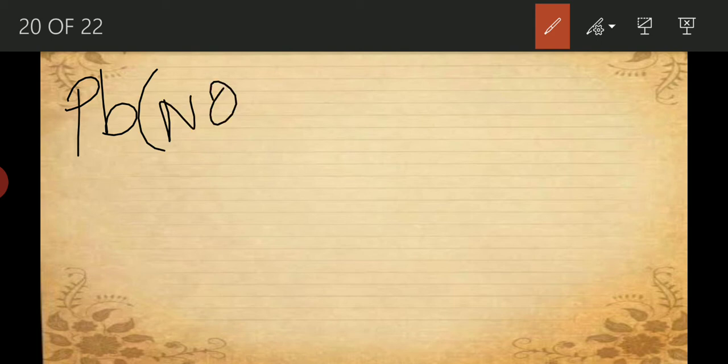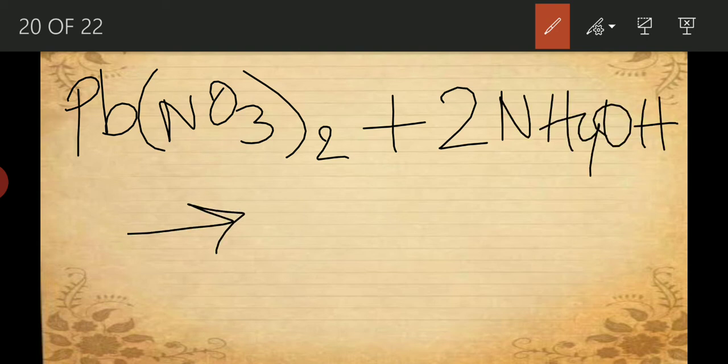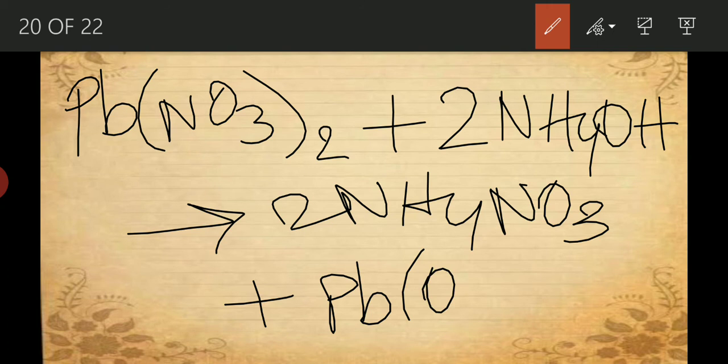Now last is lead nitrate, Pb(NO3)2. This is white in color. When we react this with ammonium hydroxide, we will get ammonium nitrate and lead hydroxide.